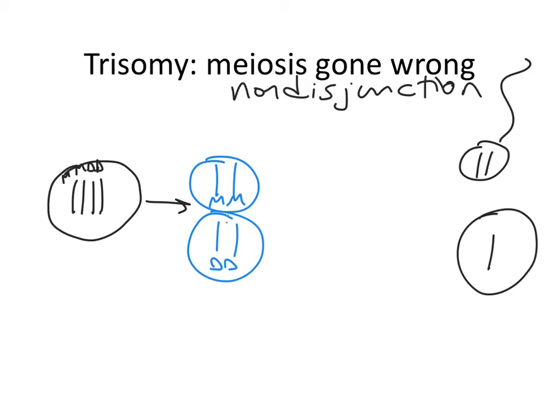Let's say the bottom cell divides there. What's going to happen in the top cell that goes wrong? How do you wind up producing, after the second division, a sperm that has 2 chromosomes instead of 1? Starting with this. What's going to happen at division? So they don't separate.